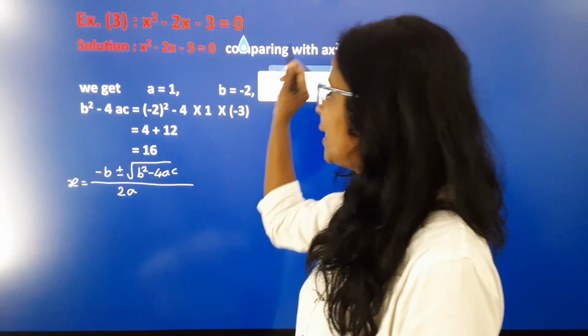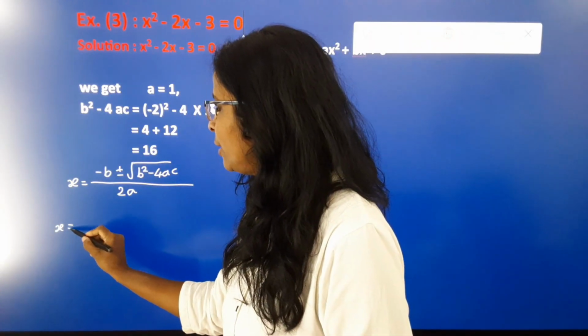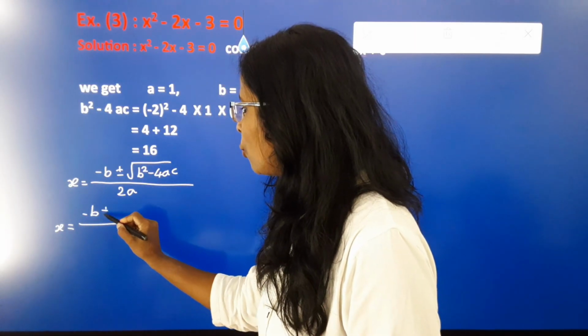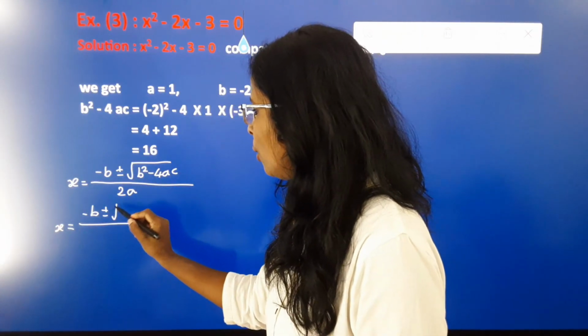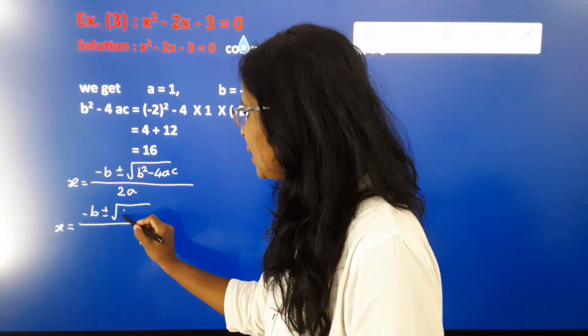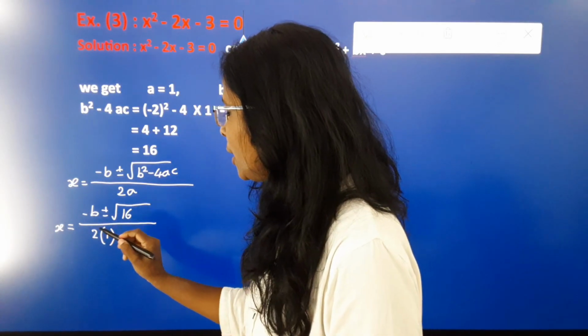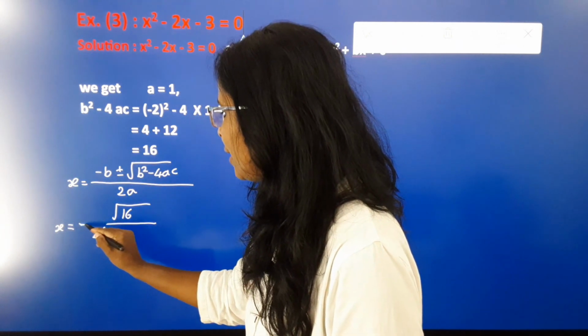Now the next step is substituting the values. So here minus b plus or minus square root of b square minus 4ac. We have b square minus 4ac as 16 and then 2 multiplied by 1. Here also, students, we have to substitute the value of b.